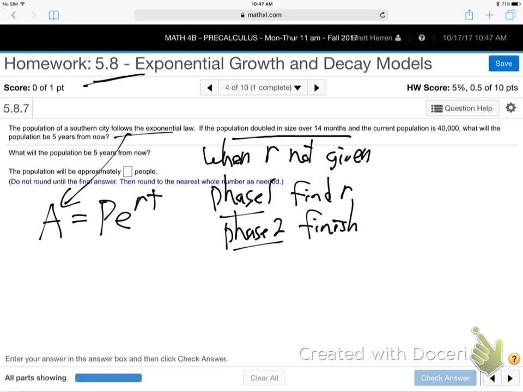So let's just do phase one and find R. Can you do that? We got 2 minutes. Let me give you one of those to try on your own. Do something to find R there. I've underlined all the information you need. Population doubled in 14 months. That's all you need. So they're telling you how fast it grew. Doubled in 14 months. That city's growing fast.